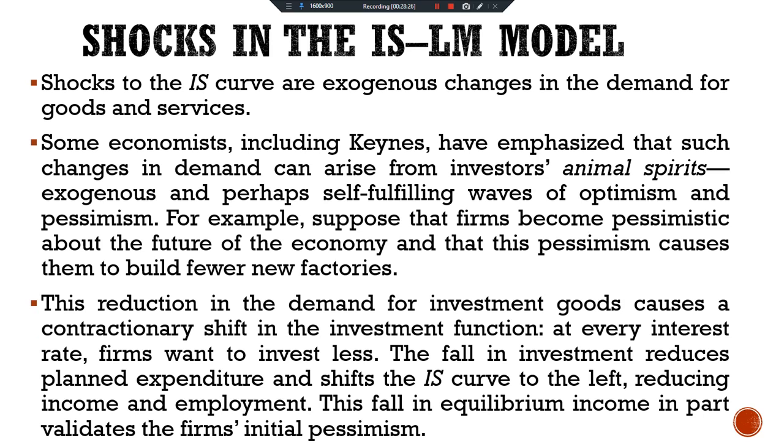This reduction in the demand for investment goods causes a contractionary shift in the investment function. At every interest rate, firms want to invest less. The fall in investment reduces planned expenditure and shifts the IS curve leftward, reducing income and employment. This fall in equilibrium income in part validates the firms' initial pessimism.